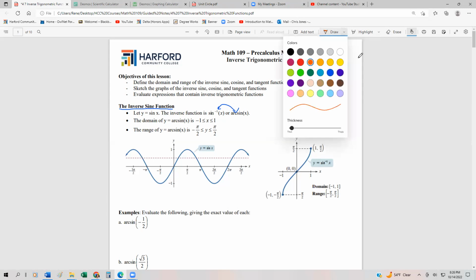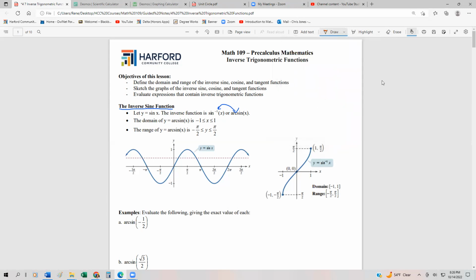We remember that for a function to have an inverse, it has to pass the horizontal line test. What I want you to notice is that from here to here on the regular old sine function, I'm just going to sketch this.